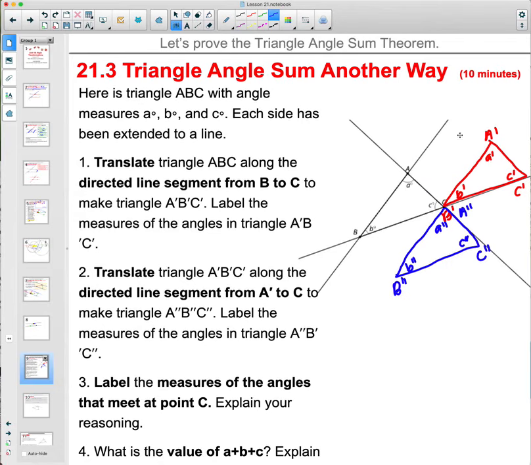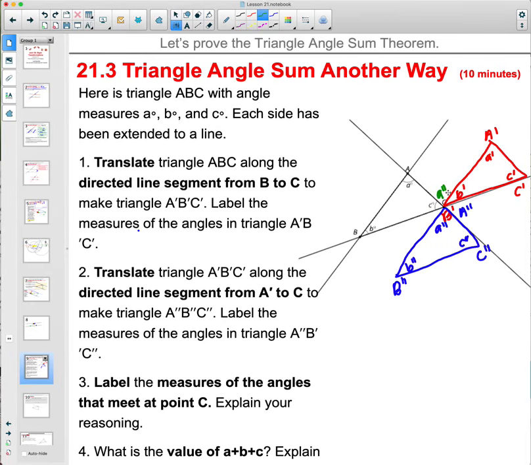Now label the measures of the angles that meet at point C. So taking a look at these angles that are meeting right here. Okay, so label the angles that are meeting at C. So what would this one be? So we would see vertical angles here. So this one would also be A or A double prime.